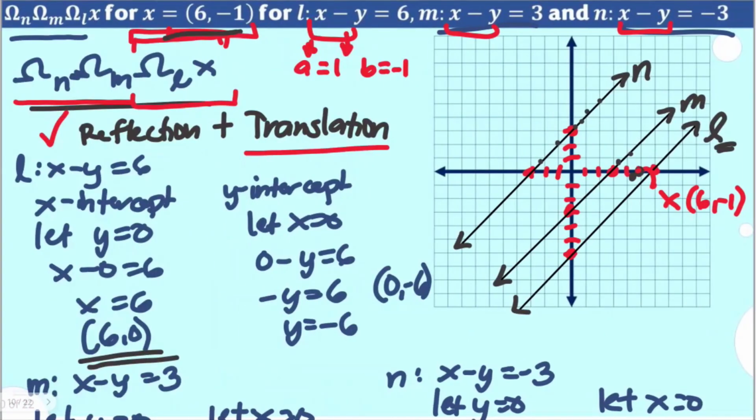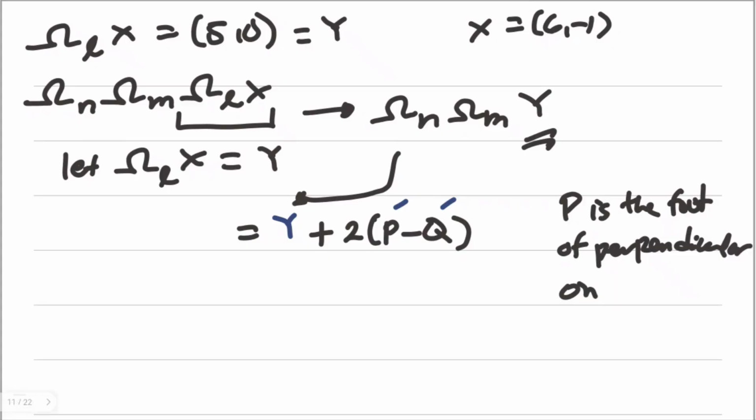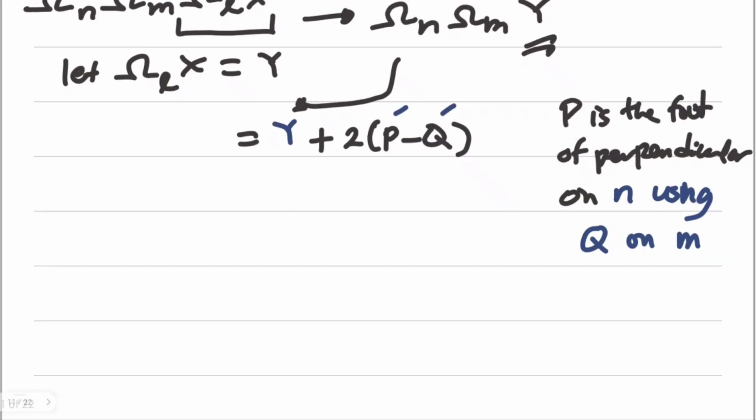Going back on our graph, take note that the closest line aside from L to the point of our first reflection is M. Okay, so our point P, it must be somewhere here on N. Okay, so it would be on your N, using Q on our M. So we will be picking a certain point Q on our M, and then later on identify what would be its foot of perpendicular pertaining on our line N.